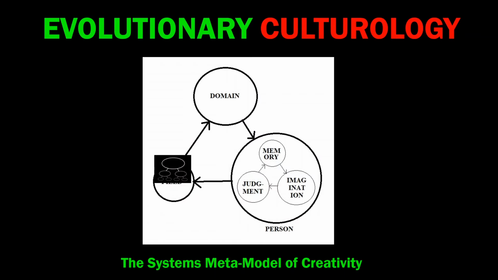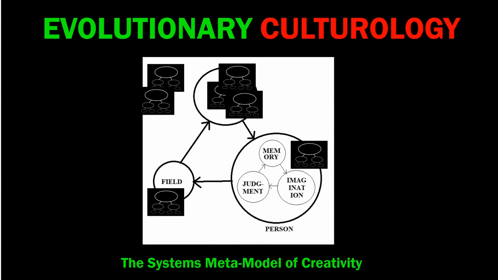Or the field may judge the artifact as uncreative, in which case it becomes archive, as opposed to the canon of the domain. So we have these memes populating this larger mechanism of the systems metamodel.